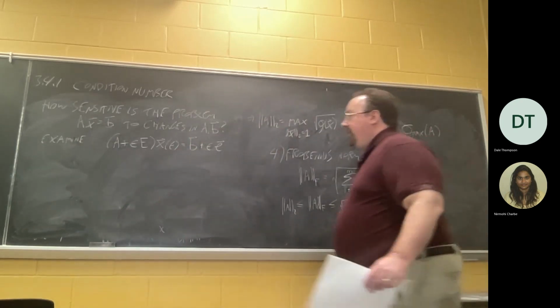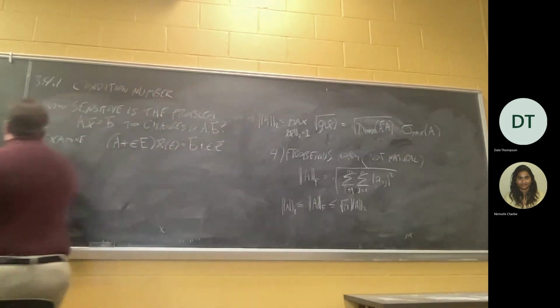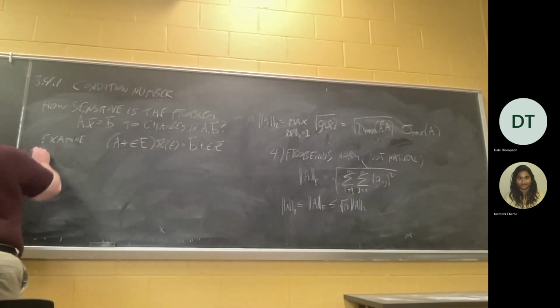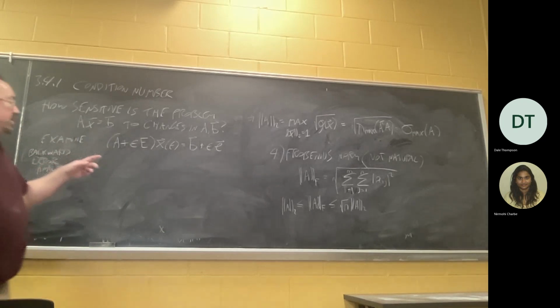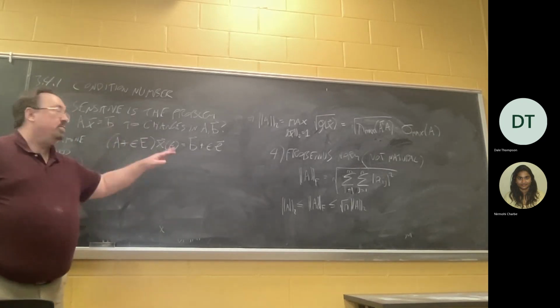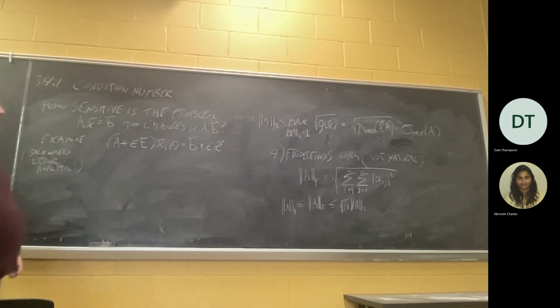This deals with what is called backward error analysis, which states that it's an assumption that the computed solution of a problem such as Ax equals b is the exact solution of a perturbed or nearby problem.